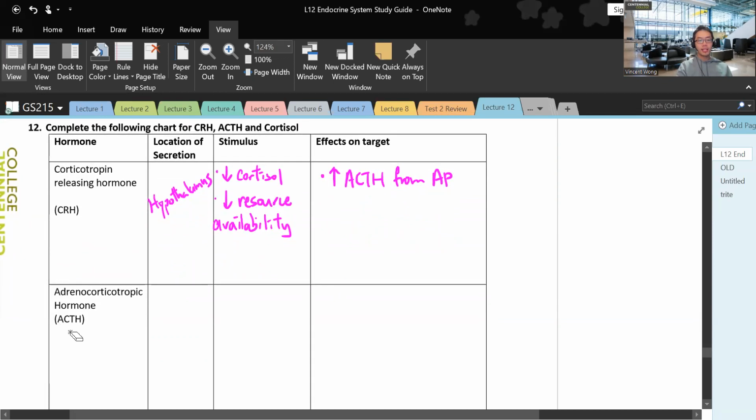Okay, so next hormone, ACTH. Where is it from? Well, I just told you. It's from AP. And the stimulus is basically the previous hormone, right? So increase in CRH. It will increase the cortisol released from adrenal cortex.